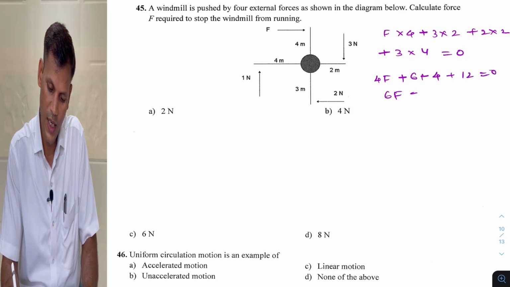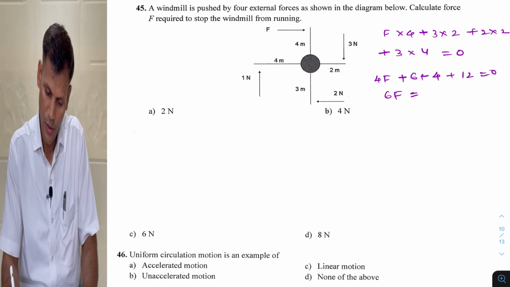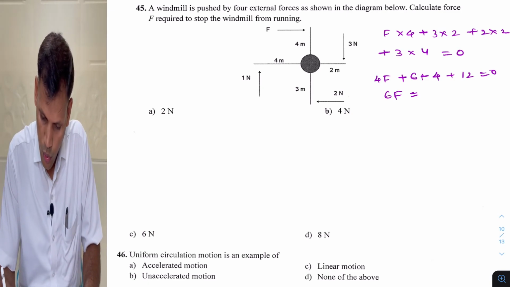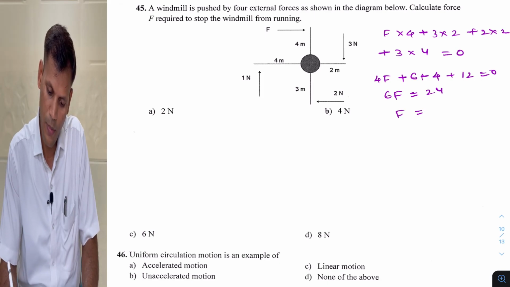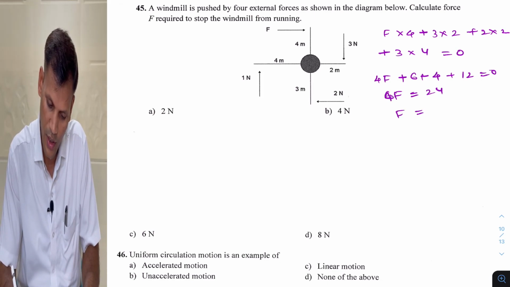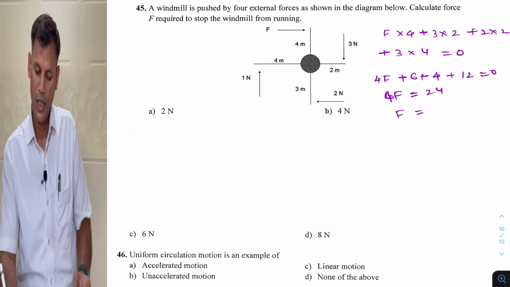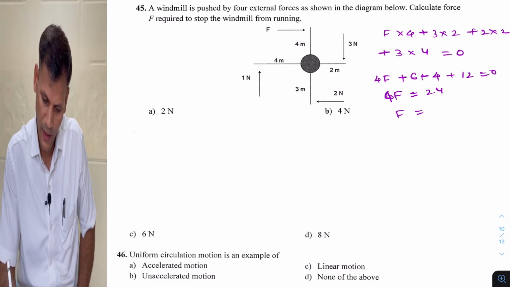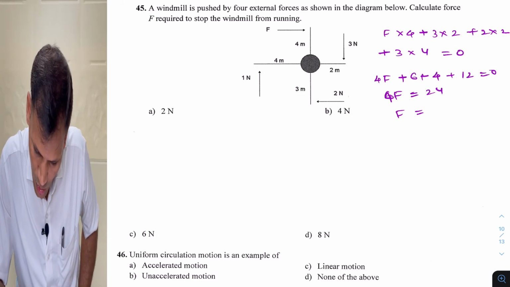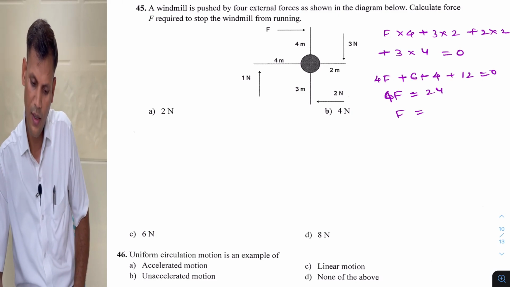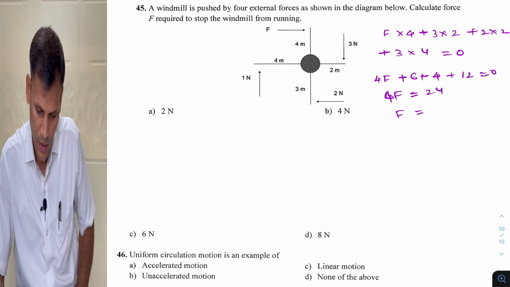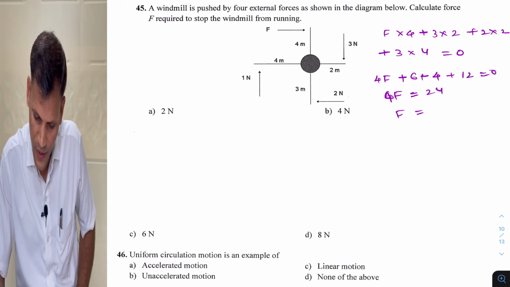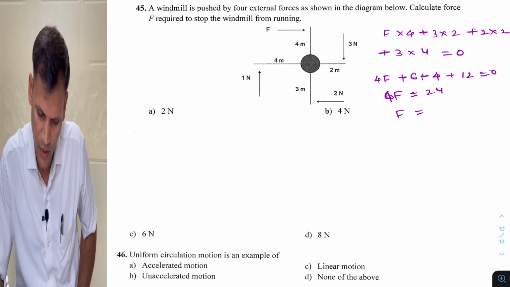So 6F is equal to... 6, 4, 12, 12, 24. So F will be 4F. We are doing something wrong. 6 plus 4 is 10, 10 plus 12 is 22. So 4F is equal to... we are making something wrong.